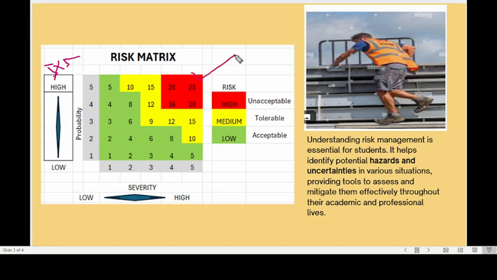In this format, you can see mathematically risk in HIRA is calculated as likelihood, which means probability, and consequence, which means severity. By using this formula and risk matrix, we can assess the level of risk and decide whether it is acceptable, tolerable, which means medium risk, or unacceptable.